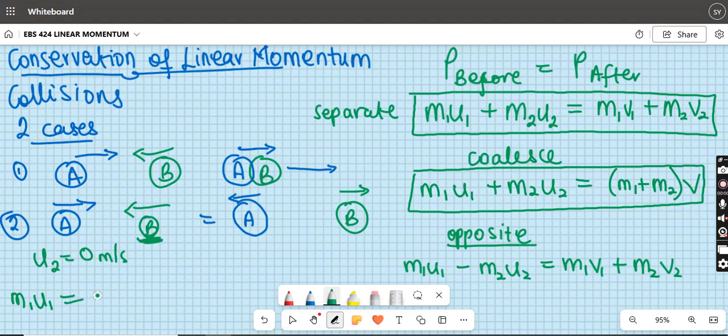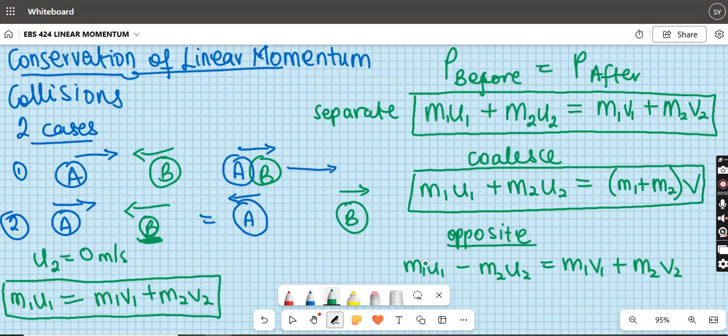This will be equal to m1v1 plus m2v2. So let us take note of these conditions, and we'll solve a couple of questions.